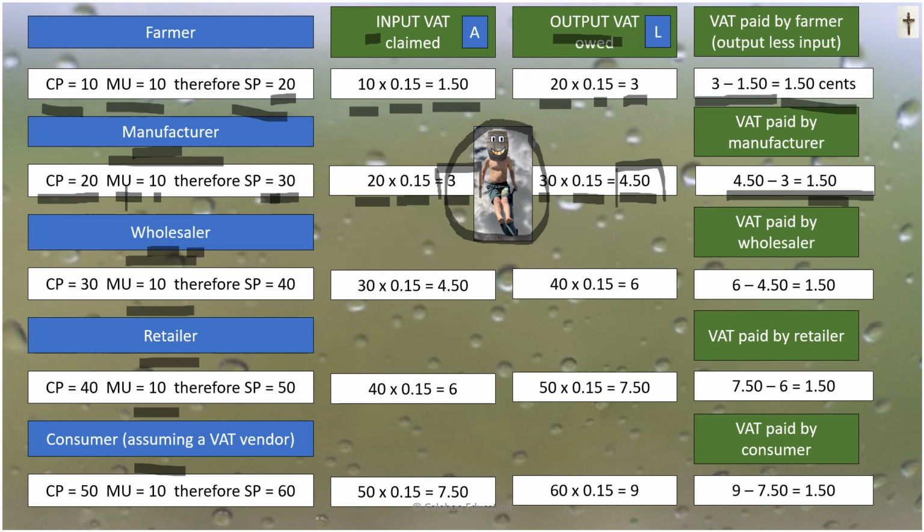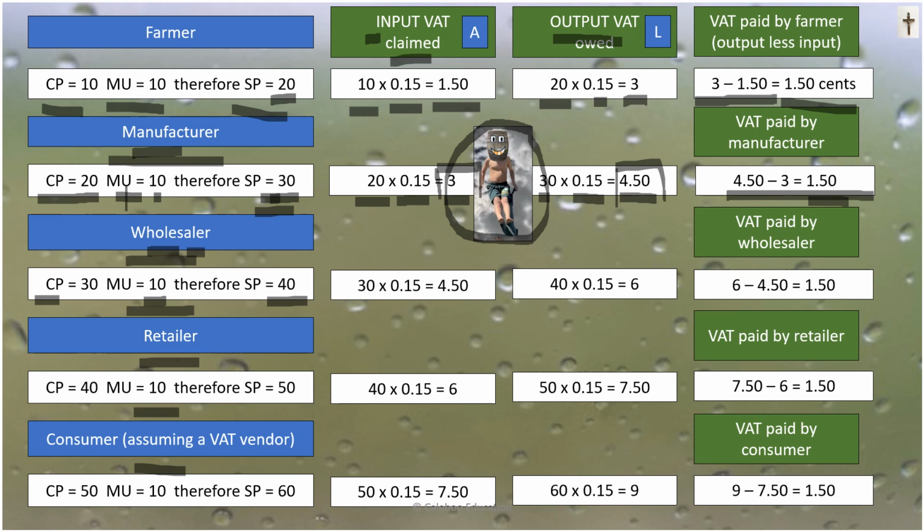We now have the wholesaler. The wholesaler's cost price is the manufacturer's selling price excluding VAT. 10 Rand is added and the selling price excluding VAT is 40.